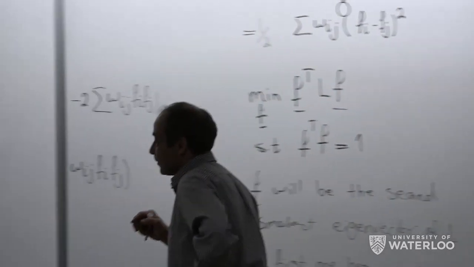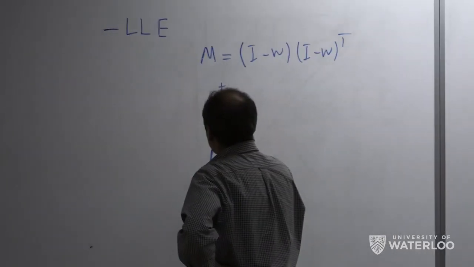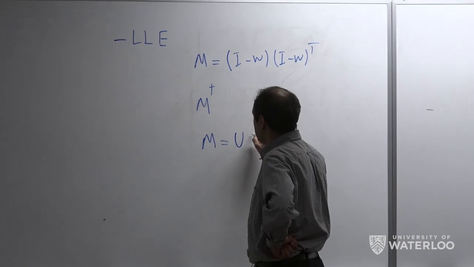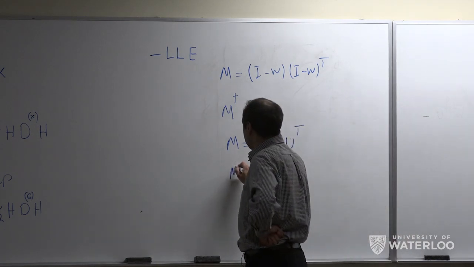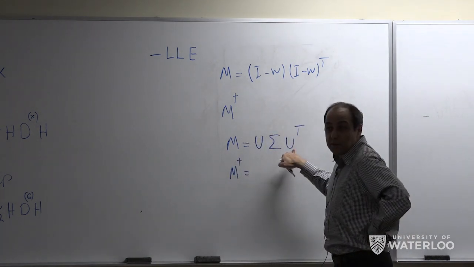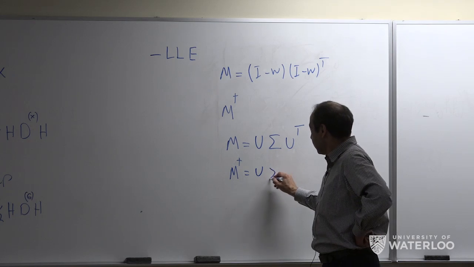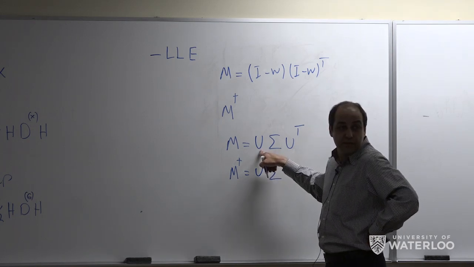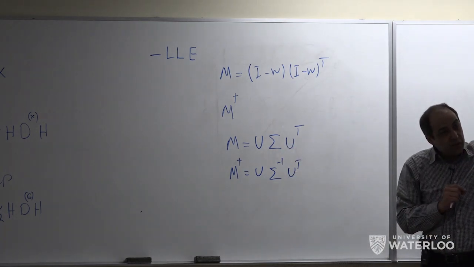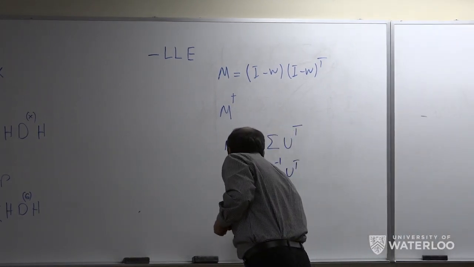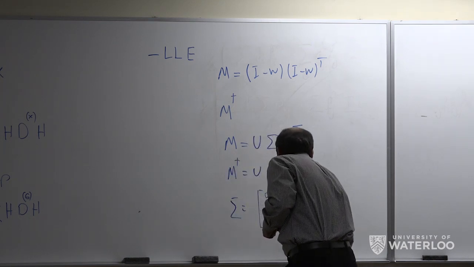And you can see that, M is a symmetric matrix. If you do eigen decomposition on M, it's U sigma U transpose. If I compute the pseudo-inverse of M, that's going to be the inverse of U transpose, which is U, the inverse of sigma, and the inverse of U, which is U transpose. But for the inverse of sigma, all elements of sigma are positive, right? Sigma is like sigma 1, sigma 2, all positive numbers up to sigma d.